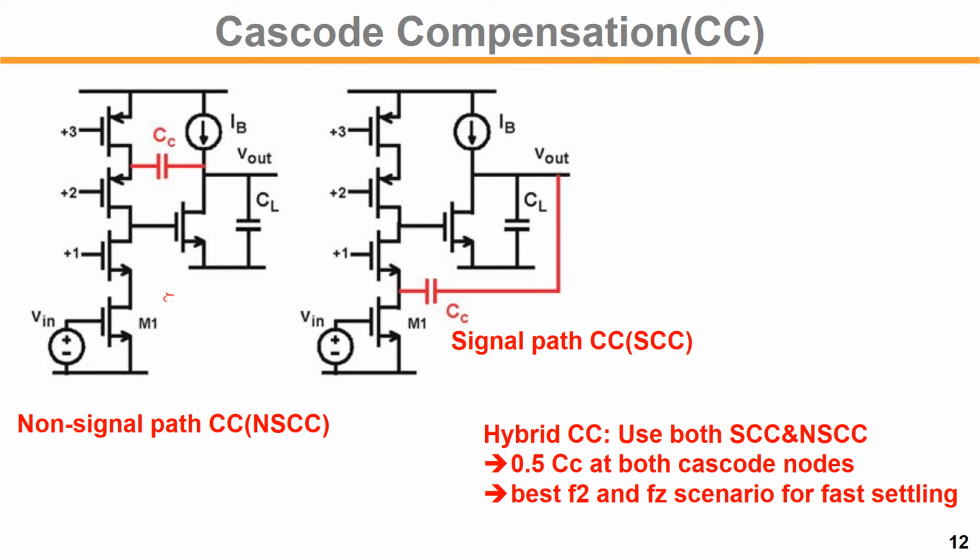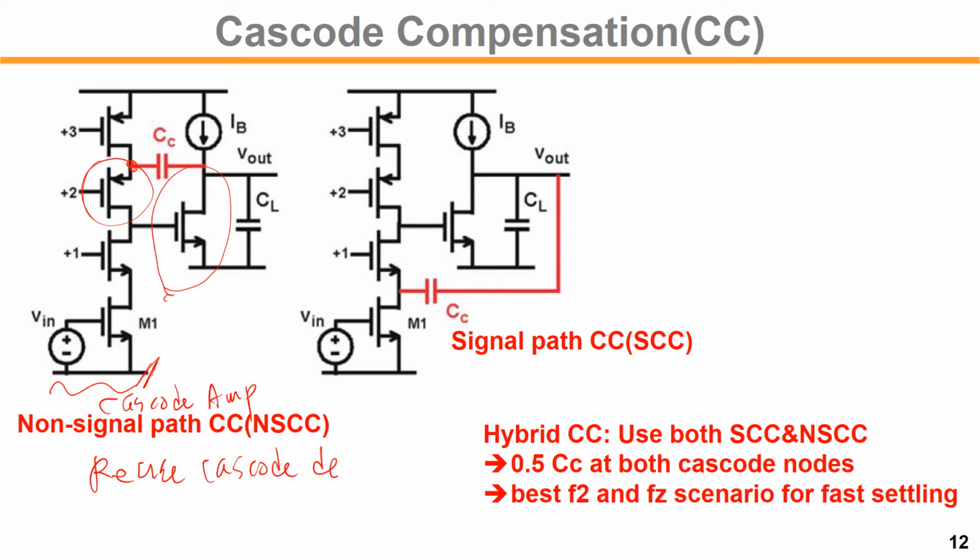So this is the second stage amplifier. If the first stage is a cascode amp, a current buffer can be realized through the cascode device. We can reuse the cascode device in the first stage amp, right?